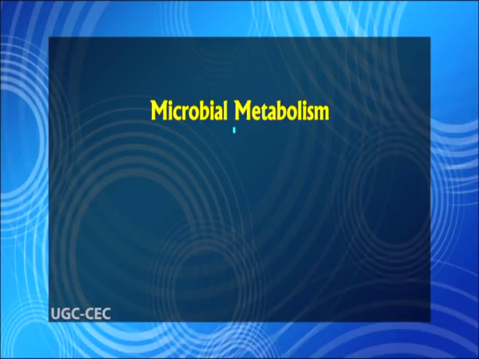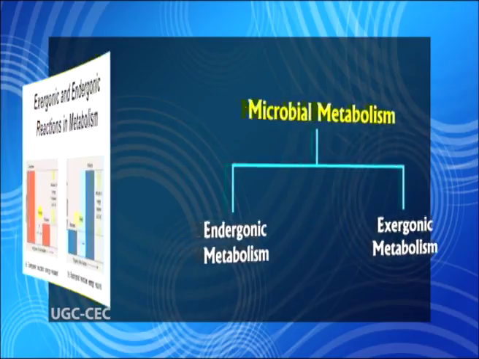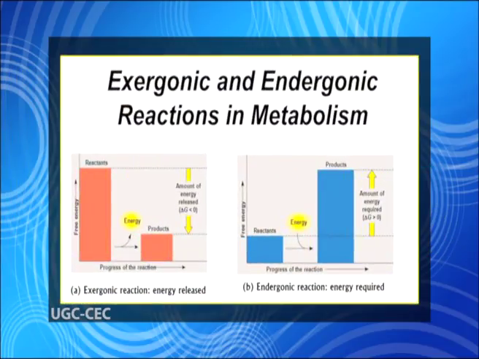On the basis of energy exchange, metabolism has two types: one, endergonic metabolism, and the other called exergonic metabolism. Endergonic metabolism is a type of microbial metabolism in which energy absorbed is greater than that released.